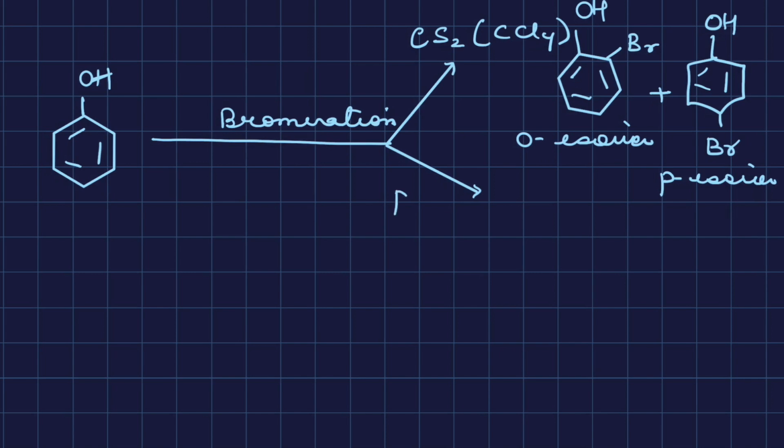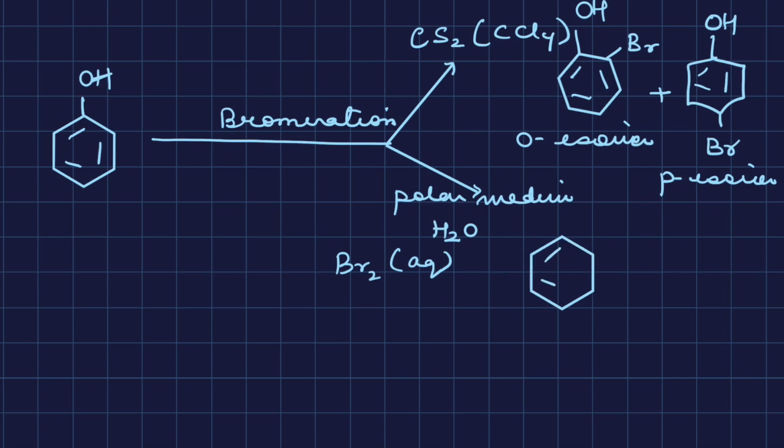If our medium is polar, and what can be a better example of polarity than water? If we take bromination in aqueous medium, sometimes written as Br2 aqueous, what we get is all 3 positions substituted by Br, at 2, 4, 6.